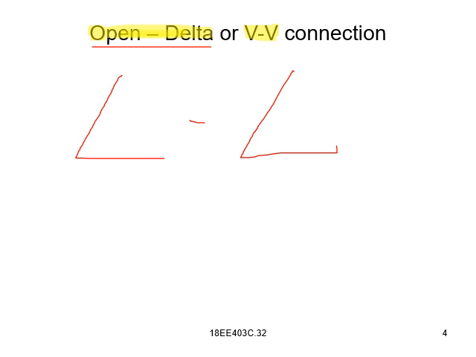Okay, that just looks like open delta. It also looks like a V. See, this is a V type of structure. You can see this is a V type of structure. So that is why this is also called VV connection. Is that clear?